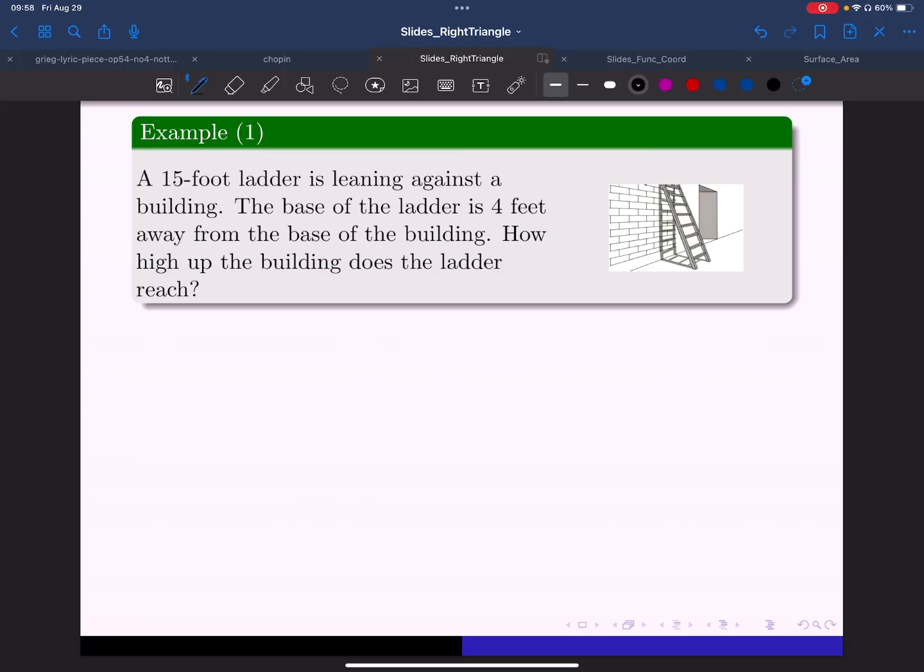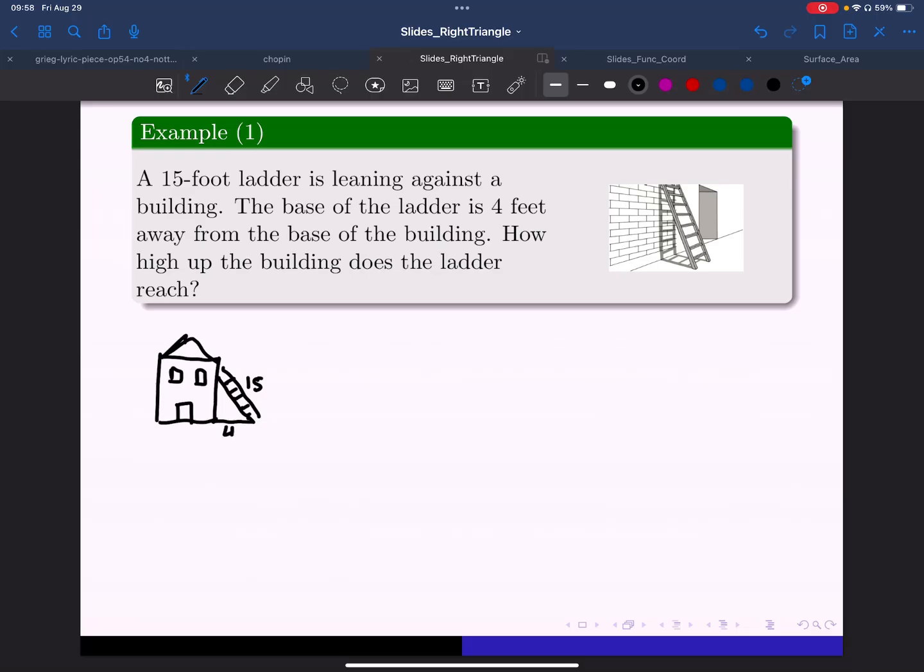So we have the building, and we have a ladder that is going right here. The ladder is 15 feet long, and the ladder is leaning 4 feet away.